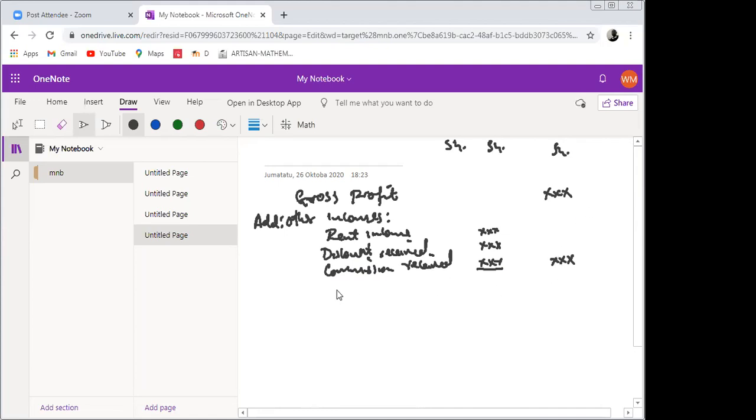And there's one that I've forgotten. There is what we normally call decrease in provision for doubtful debts.